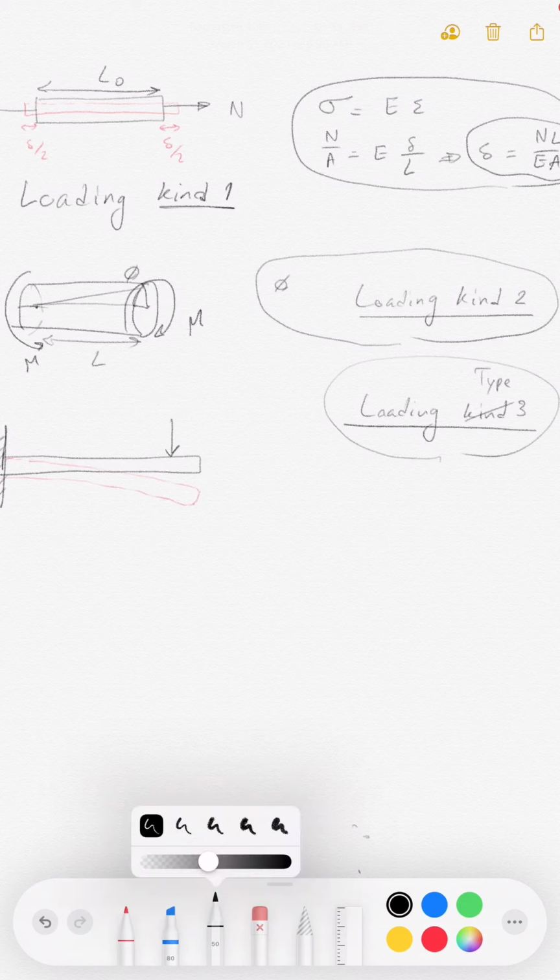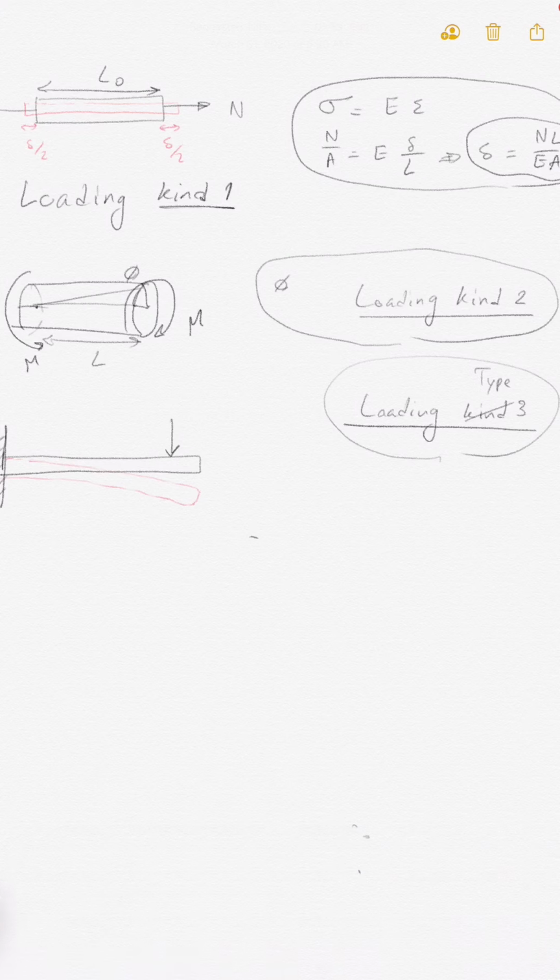The deformation here is vertical deformation, let's call it V, from the neutral axis. And this deformation depends on the location X. Let's take a location X from the left.